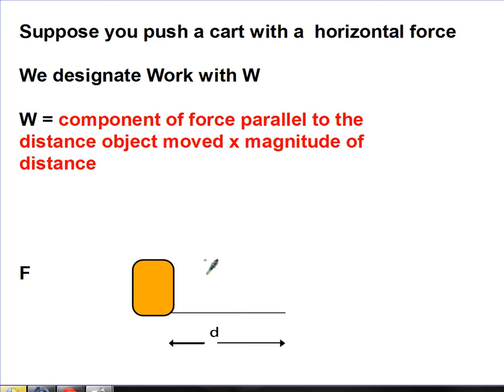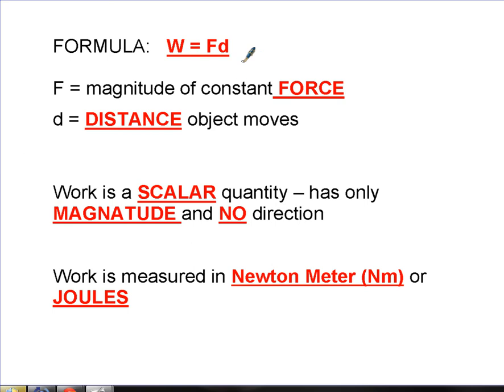So W is going to equal the force times the distance that's parallel. If I apply a force to the right and my displacement is to the right, then work is FD. It's very straightforward. So, work is FD, excellent formula, where F is the magnitude of the force and D is the distance.